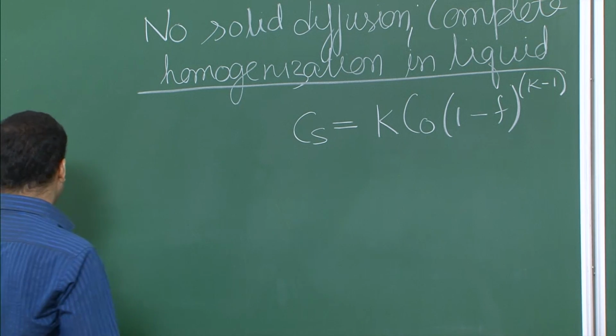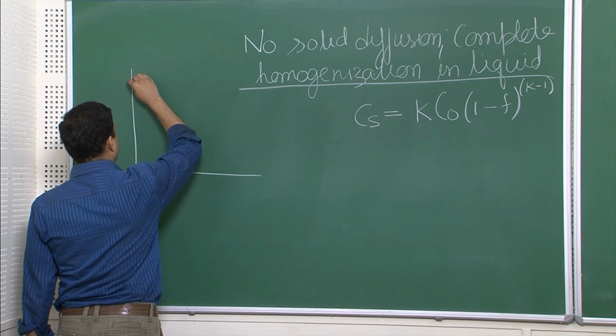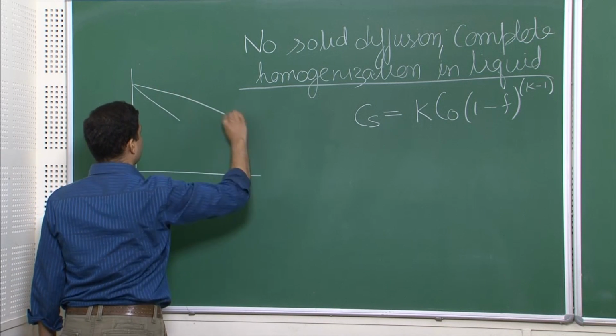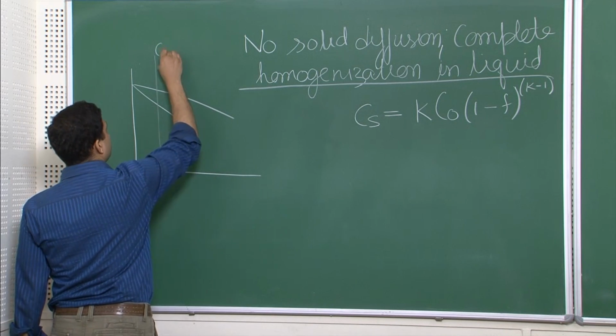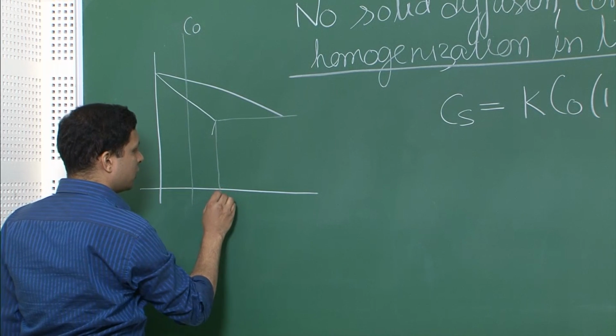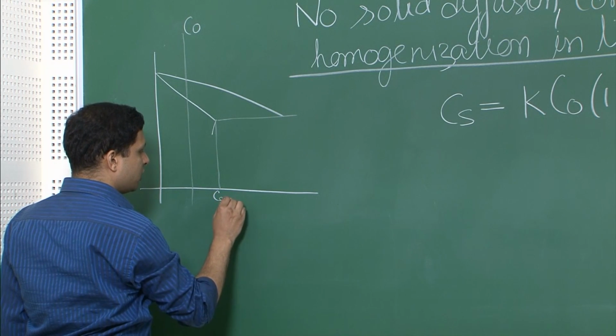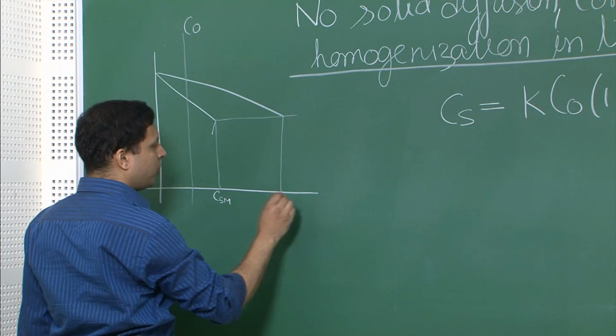Now, let us again look at the phase diagram that we were talking about. So, it was straight lines like this, and we took a composition like this, C naught, and we are also interested in some other compositions that we will discuss in a moment.